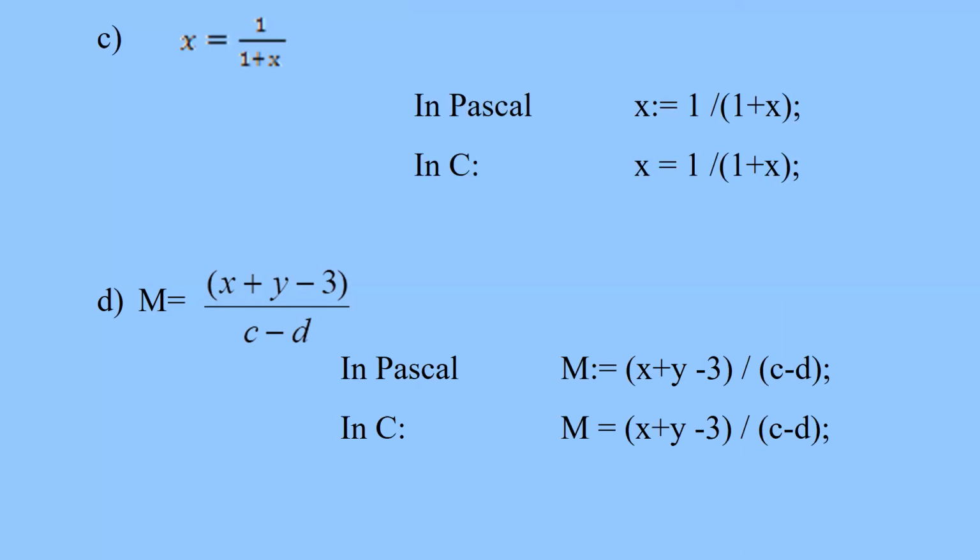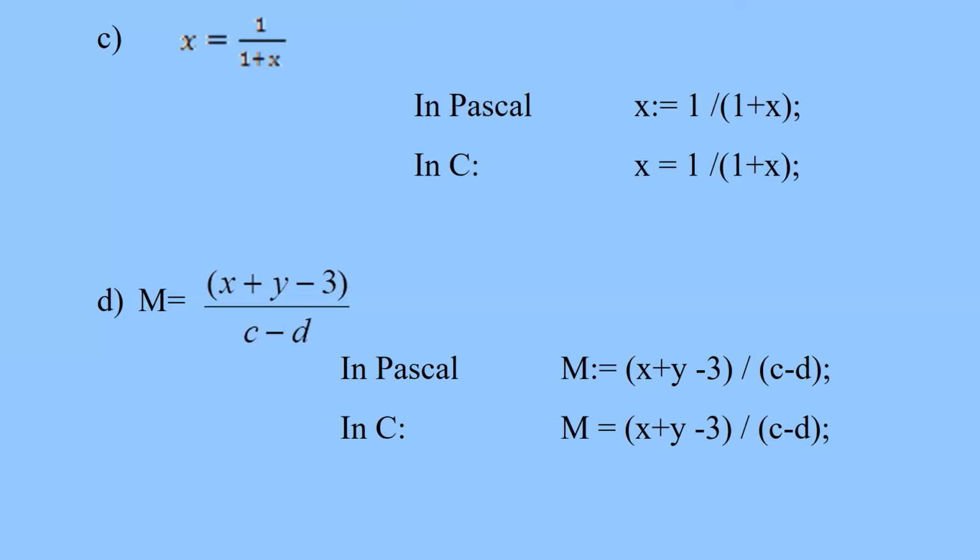In other words, subtract the content of memory location recorded D from the content of memory location recorded C.